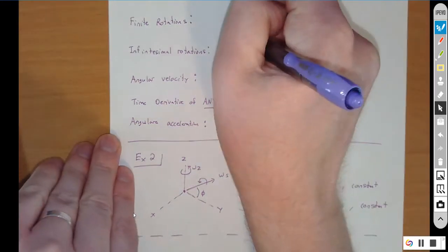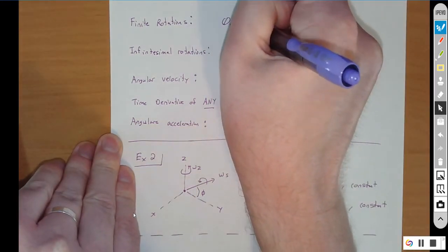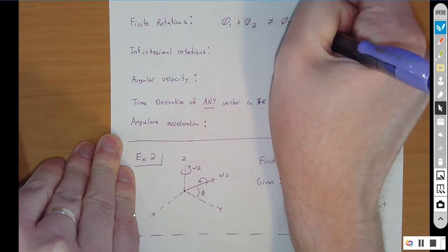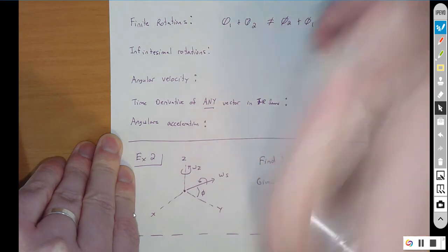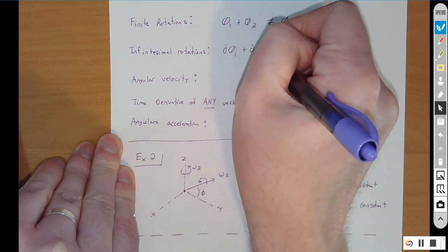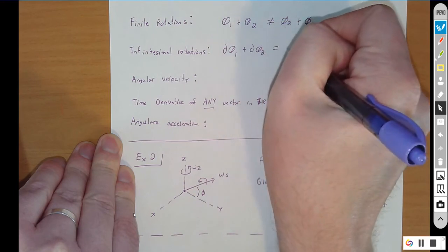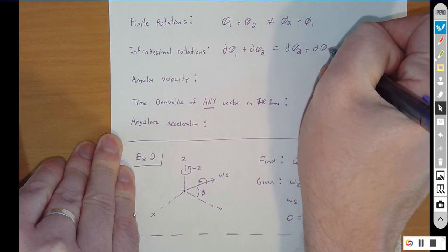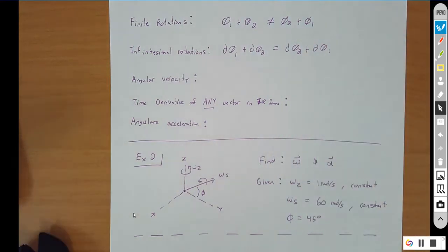So basically what we're saying here is theta 1 plus theta 2 does not equal theta 2 plus theta 1. However, d theta 1 plus d theta 2 does equal d theta 2 plus d theta 1. Because they're so small, we still end up in the same orientation.